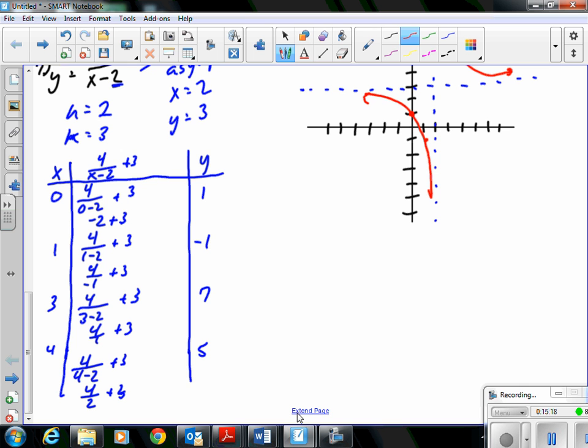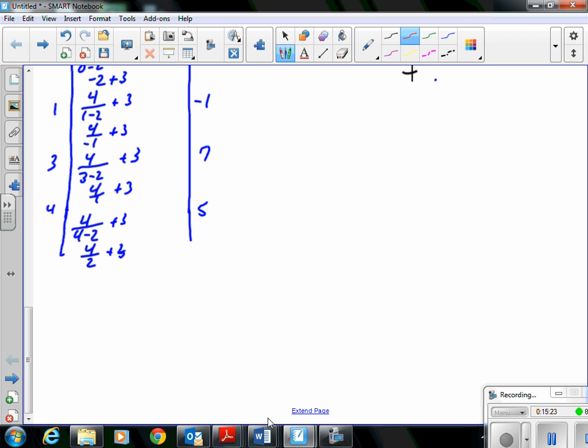All right. So then the next one, y equals x minus 1 over x plus 2, which is a different format than the h and k format. This is in the format of the equation y equals ax plus b over cx plus d.